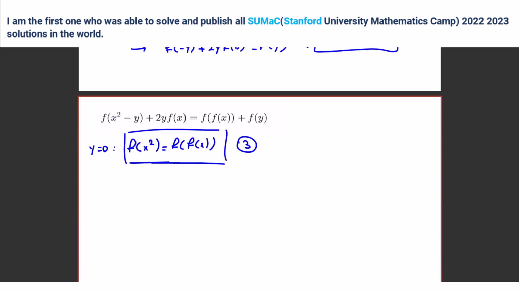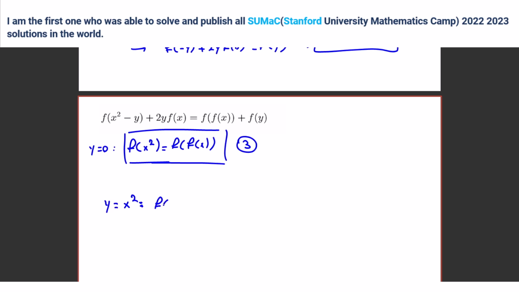Here we consider this one now because we know f of 0 is 0. If we want to use f of 0 equals 0 for this one, we should consider y equal to x squared. We also know f of x squared.